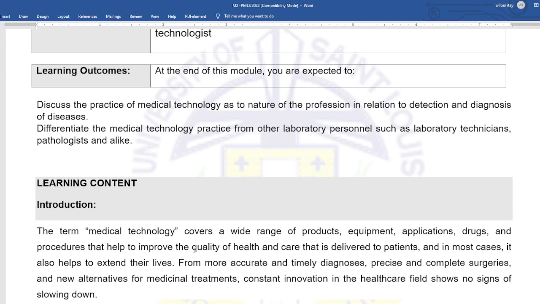And related to our practice, we also need to innovate. We also need to conduct more research. We also need to try to improve what technologies we have nowadays, to find better laboratory alternatives or laboratory procedures.